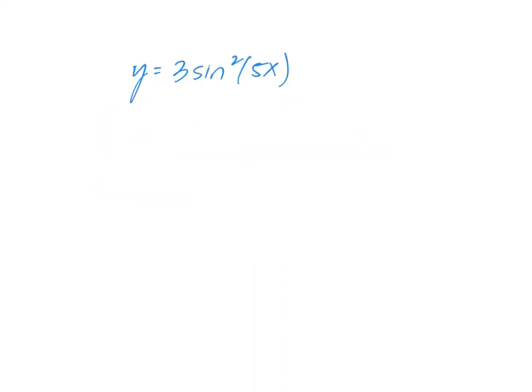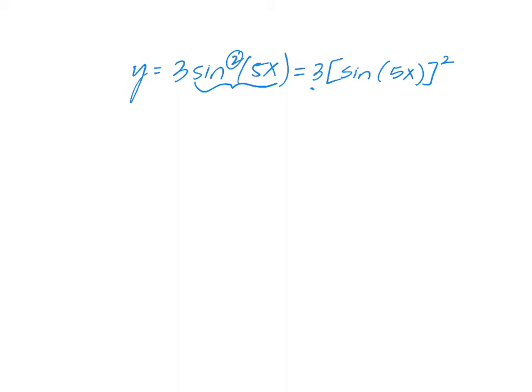Now let's look at a slightly more challenging example. We've got y equals 3 times the sine squared of 5x. Now, remember in the introduction, I think that you need to rewrite this in order to be able to better see the different levels. Because this squared right here is talking about everything right here, not the 3, but everything else.